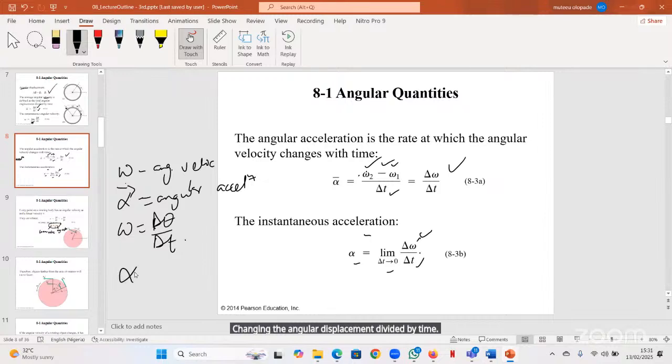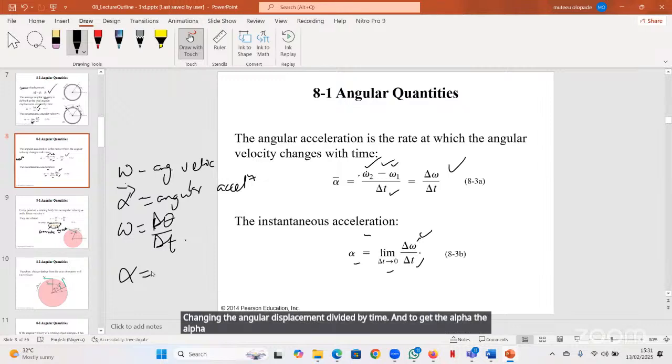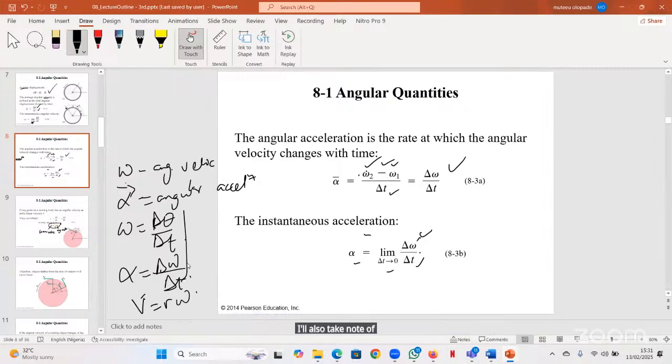And to get the alpha, which is the acceleration, is equal to what? Change in velocity divided by time. And you also take note of V is equal to what? R omega. So that is what you have here.